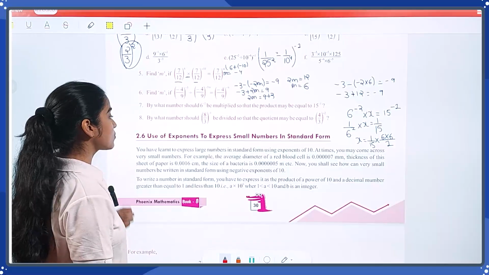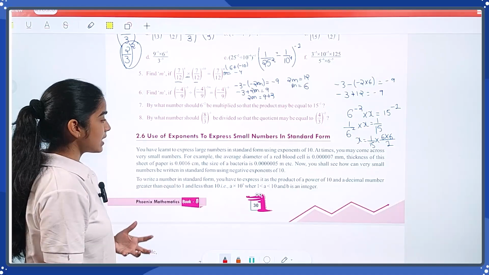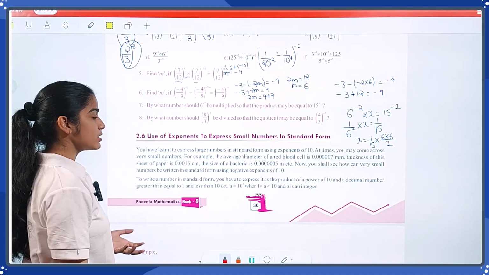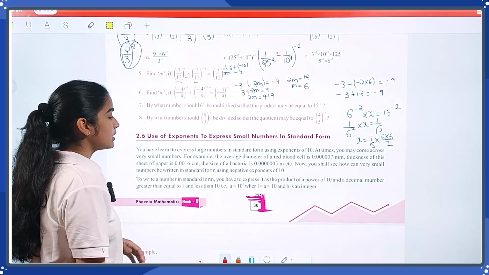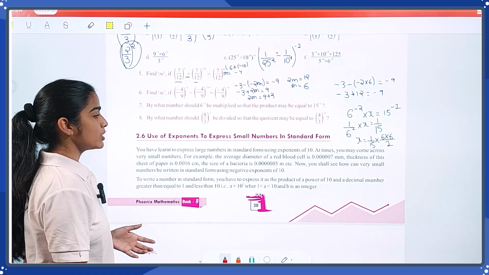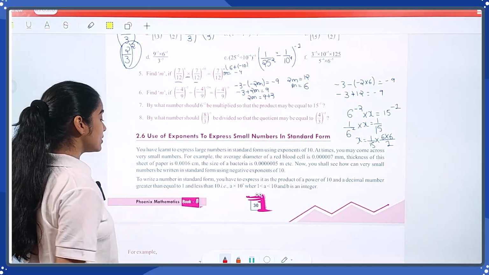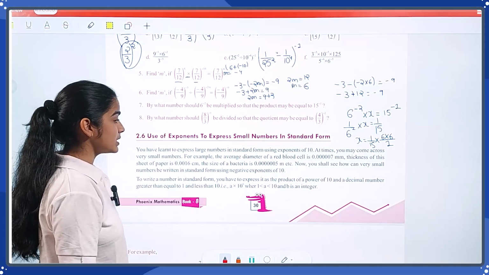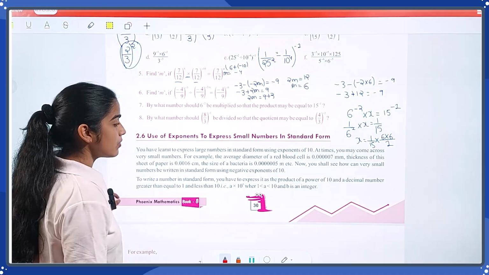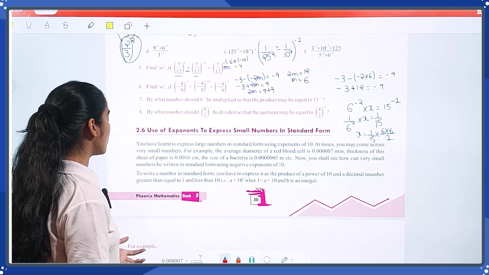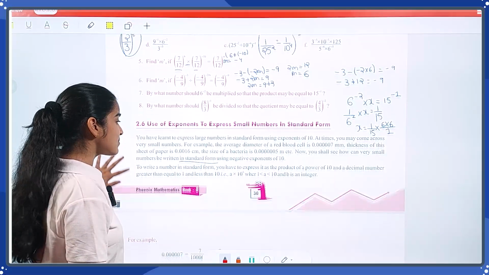Now, the use of exponents to express small numbers in standard form. You have learned to express large numbers in standard form using exponents of 10. At times you may come across very small numbers. For example, the average diameter of a red blood cell is 0.0007 mm. The thickness of this sheet of paper is 0.0016 centimeter. The size of a bacterium is 0.000005 meter, etc. Now you shall see how very small numbers can be written in standard form using negative exponents of 10.